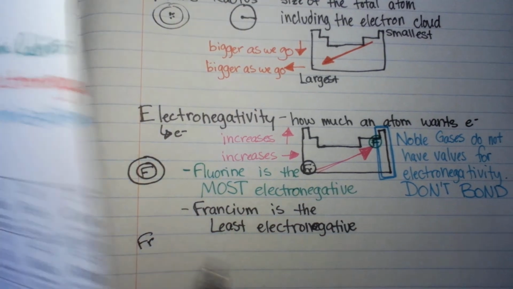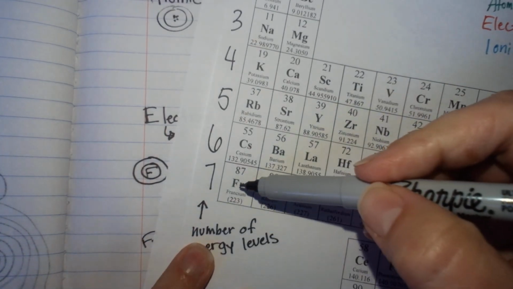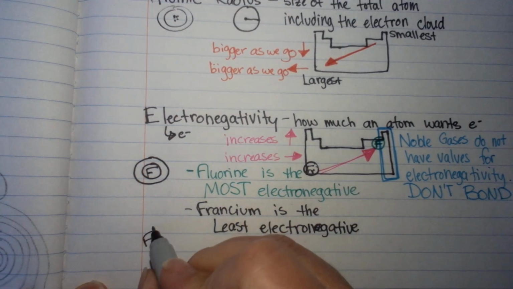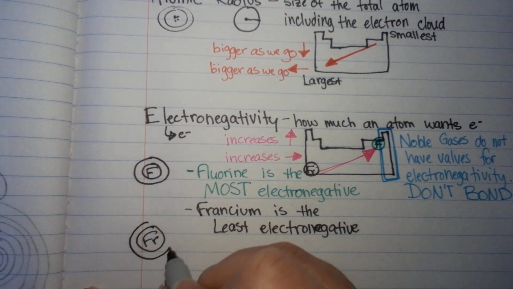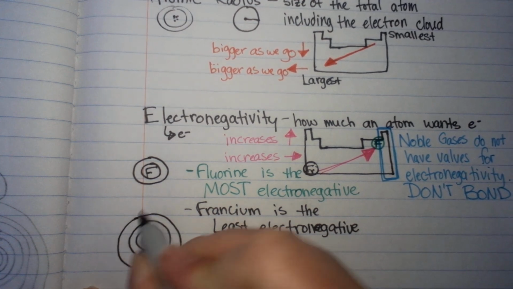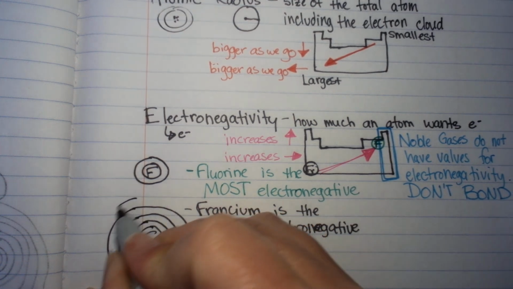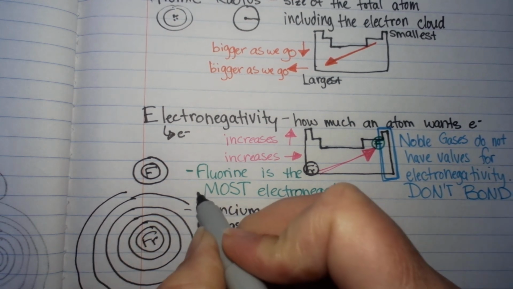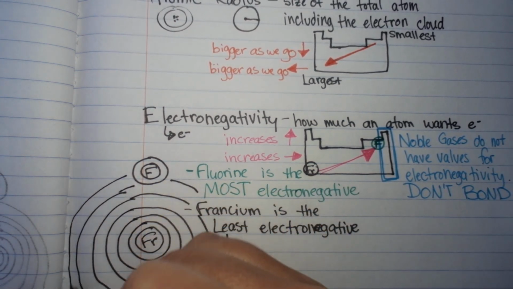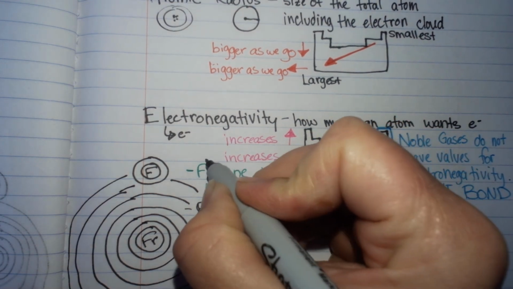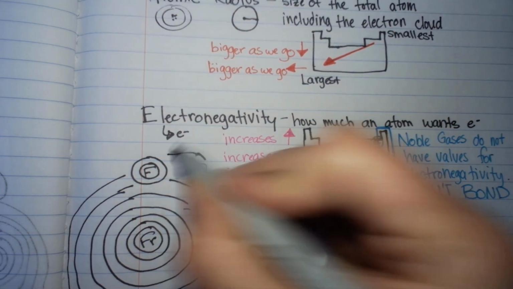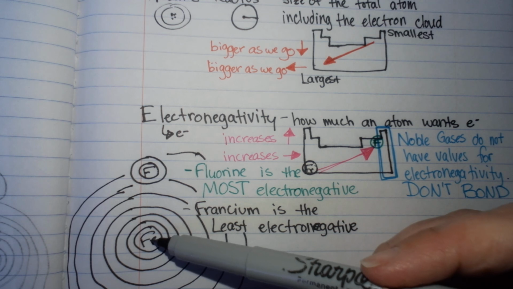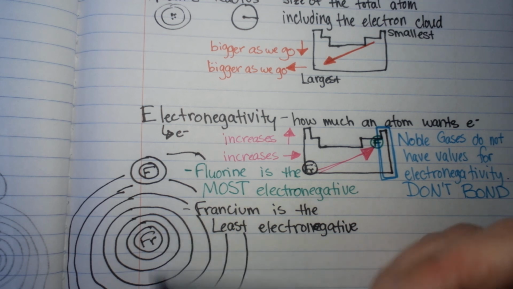When we look at francium, let's consider our friend francium. Okay, let's look at our periodic table. Francium is in the 7th period, so it has 7 energy levels. Let's look at that. So we have our first one, we have our second one, third, fourth, fifth, sixth. We're just getting in everybody's space here. 7. Okay. So when we consider francium has 87 protons, so that positive charge is pulling on all of these electrons.